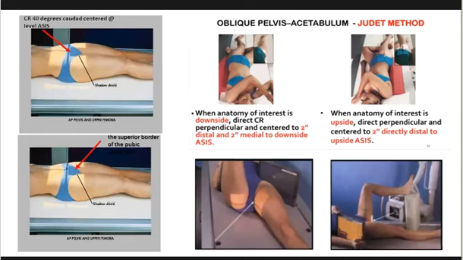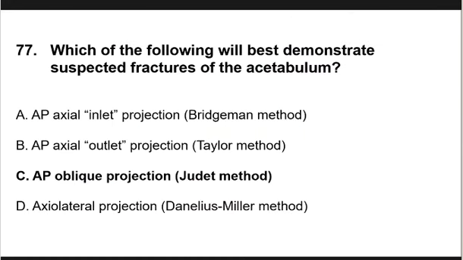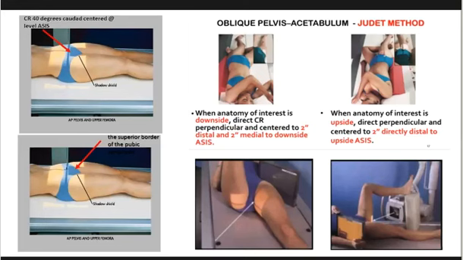Yung dito naman sa baba, sa left portion of your monitor, that is the Taylor method naman, the same central ray angulation. So itong nasa itaas naman na dalawa, that is the AP oblique projection, or that is the Judet method. So the Judet method for the demonstration of fracture of the acetabulum, yan.